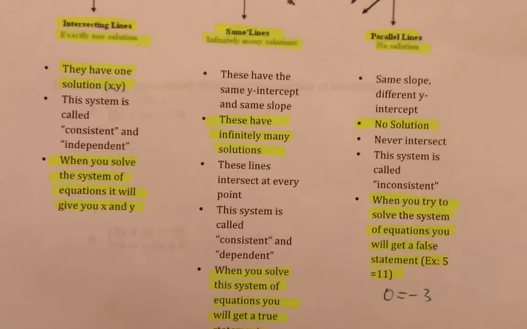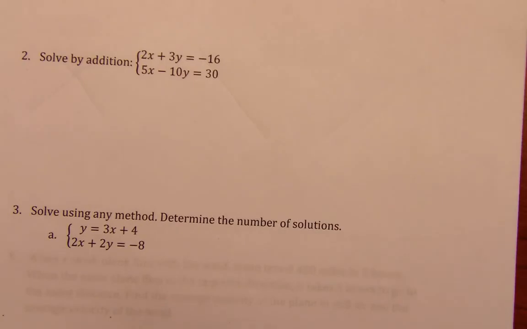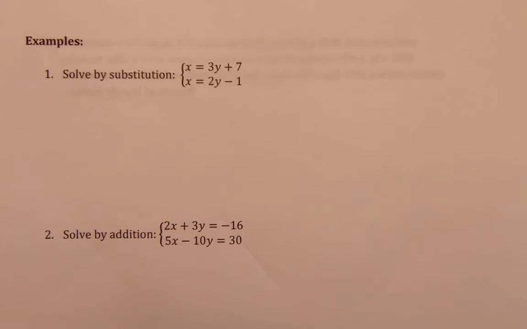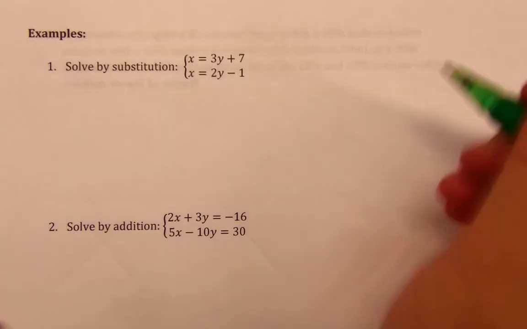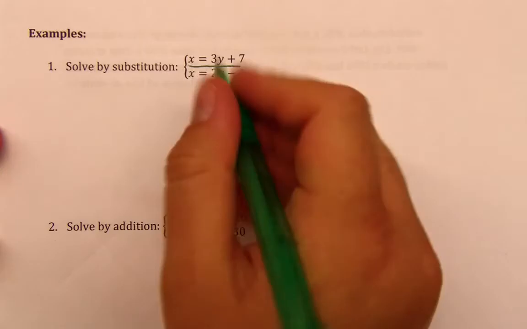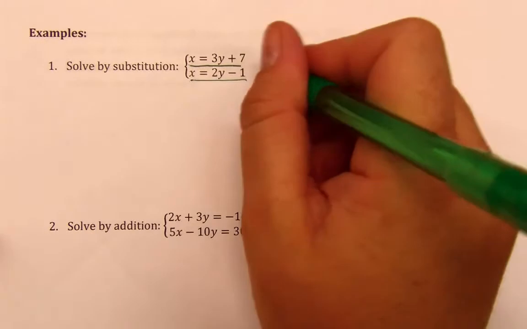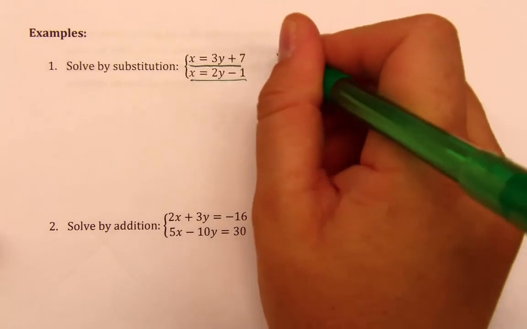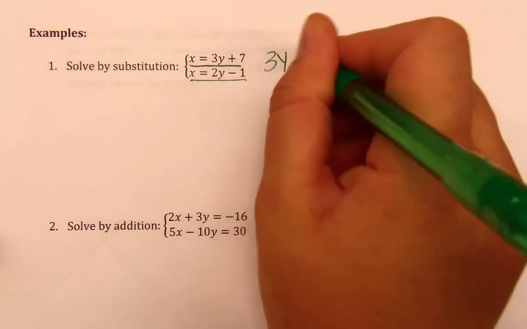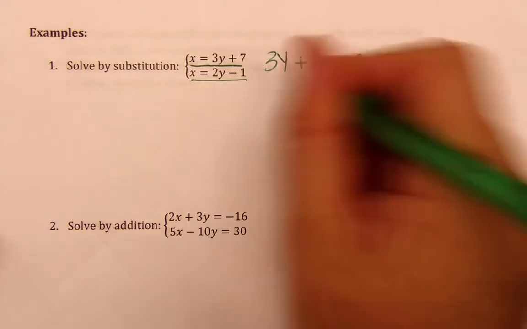Now, moving on to some examples here. Let's go ahead and solve a few of these problems. So the first one says solve by substitution. So we're given that x is equal to this and x is equal to this. Well, if those are equal, we can set them equal to each other. And then we can solve.